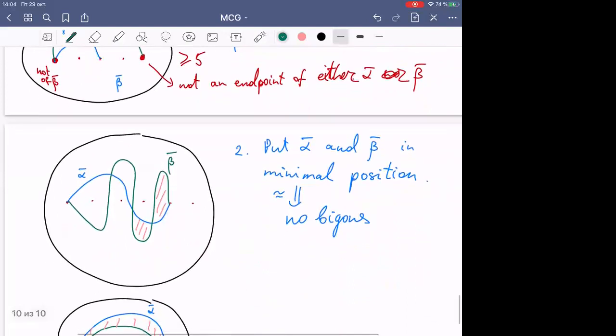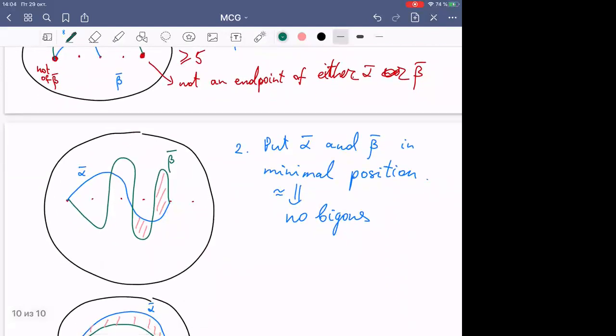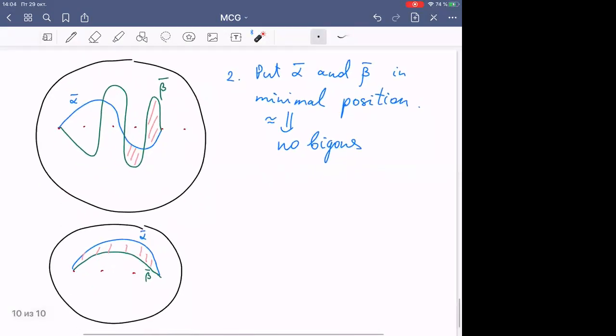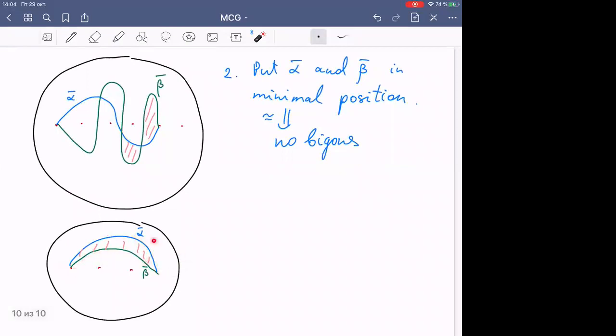If we have bigons of these two types, then alpha bar and beta bar are not in minimal position. But if we have this bigon, then alpha bar and beta bar are in minimal position.